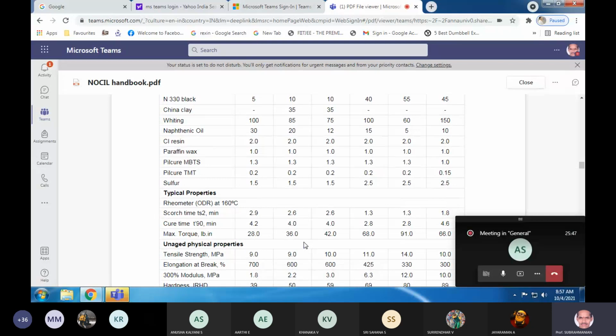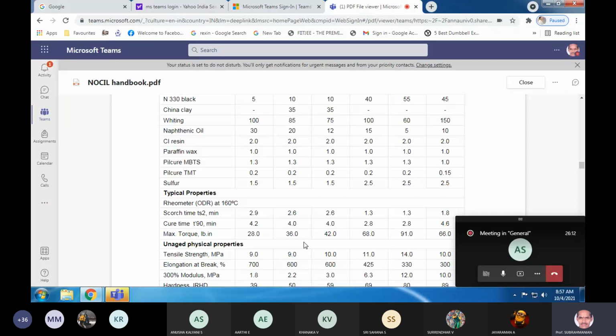What is this master batch? That is simply withholding the curative package, and you add all the additives. And in industry, what they do, they prepare the master batch in the internal mixer. Listen very carefully.